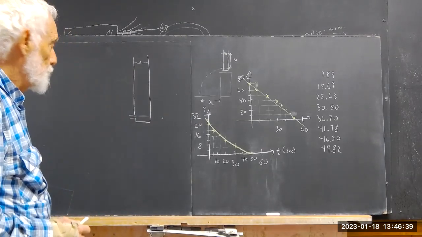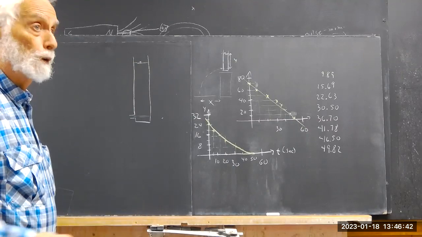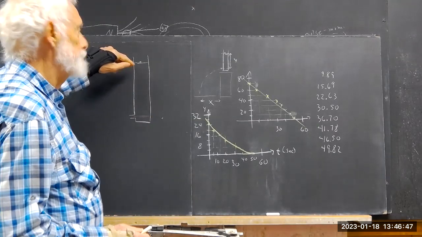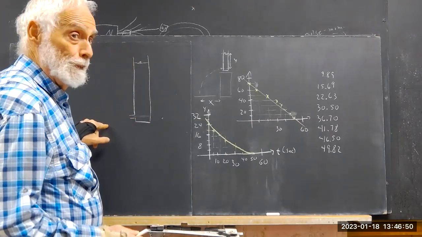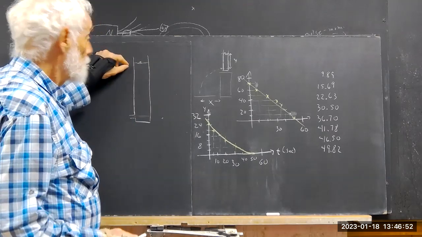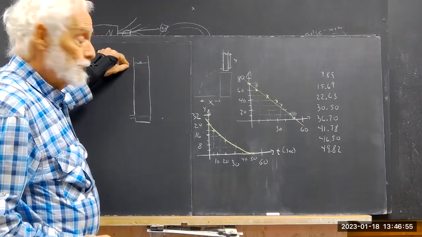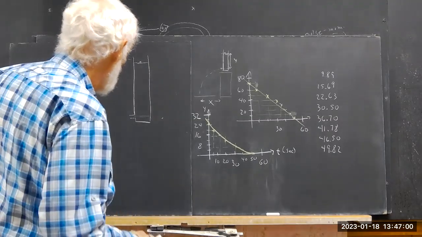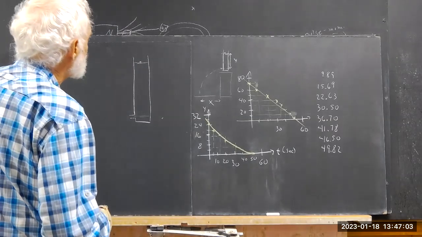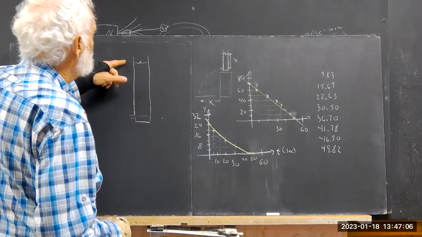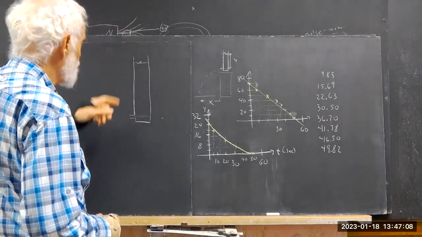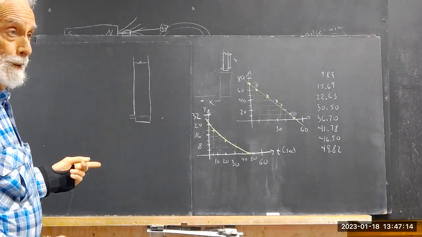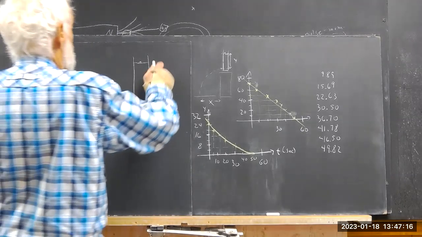Another way of looking at what happens without having to go to pressure and everything. When you lose water down here, or when water comes out here, you lose water up here. So the system has a potential energy change. That potential energy change results in kinetic energy as water comes out here, as water descends.